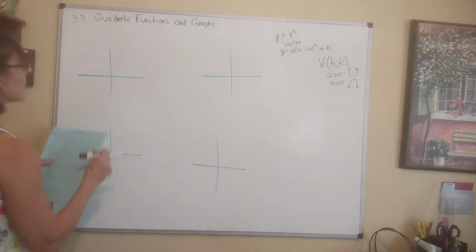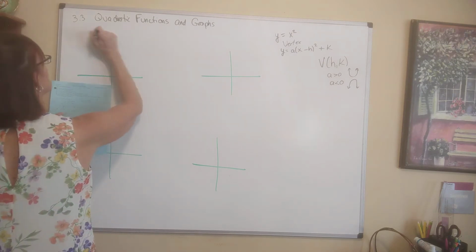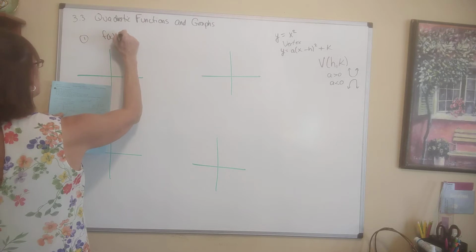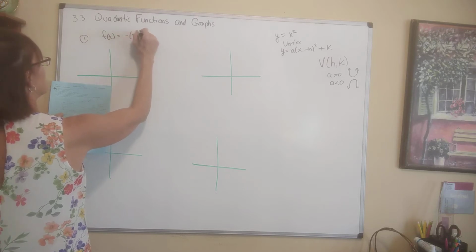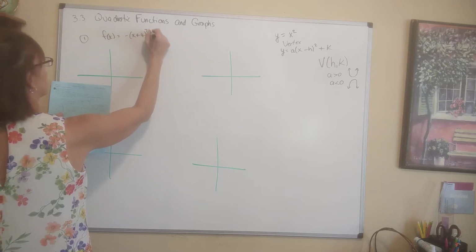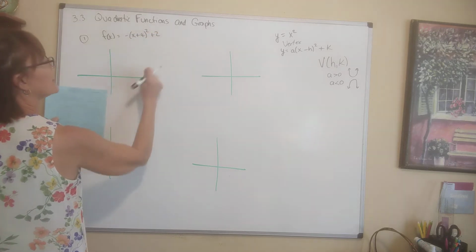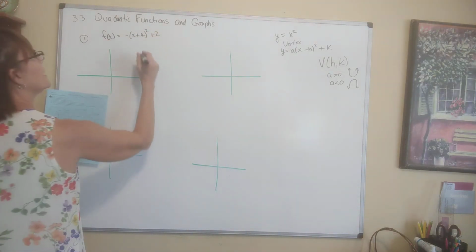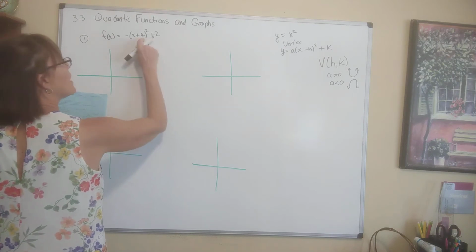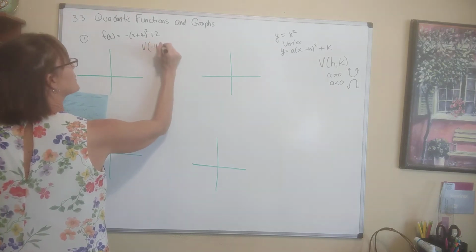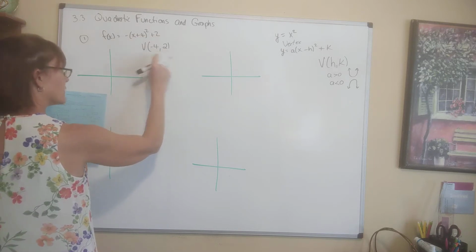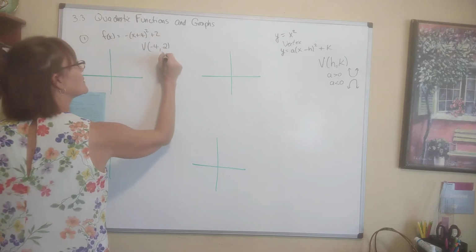Okay, so the first equation for the first graph is f of x equals negative (x plus 4) squared plus 2. This is in vertex form, so that's lovely. So the vertex is going to be opposite of what that appears and exactly what the k appears to be: (negative 4, 2). A is negative, so it's going to be facing down.